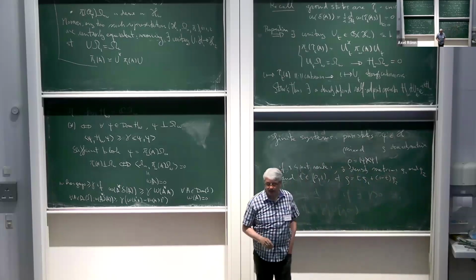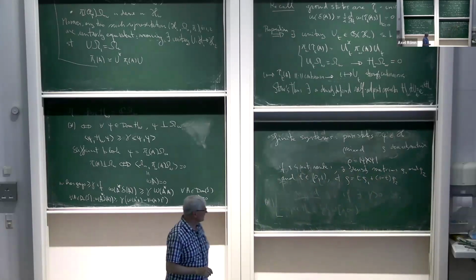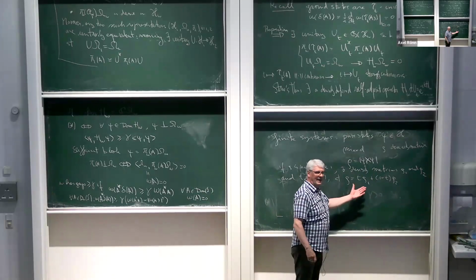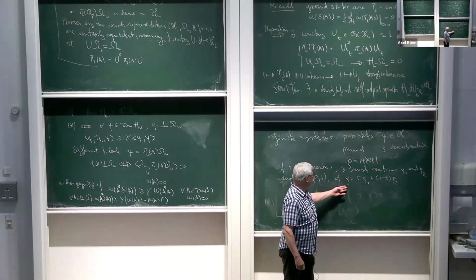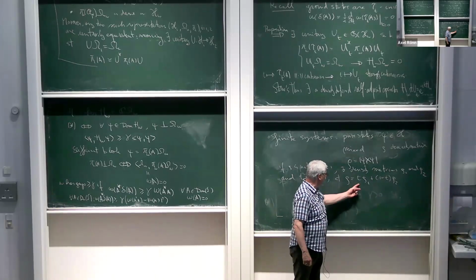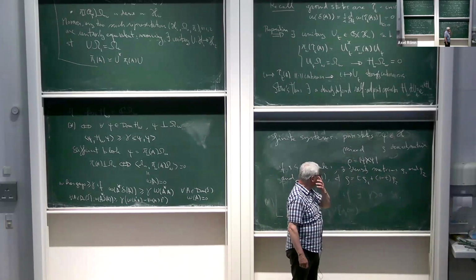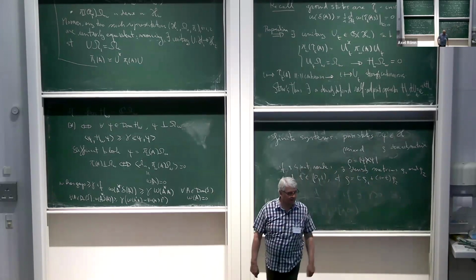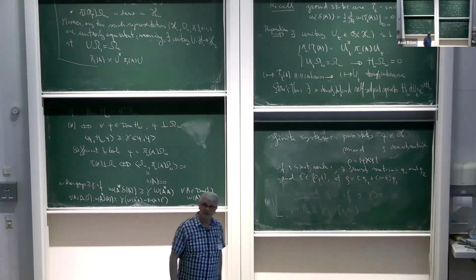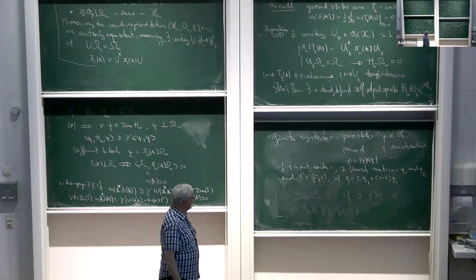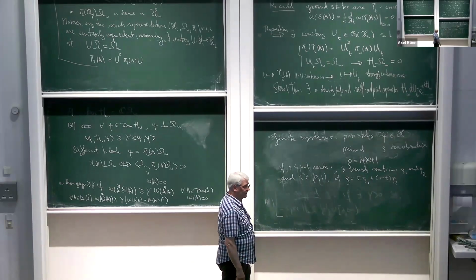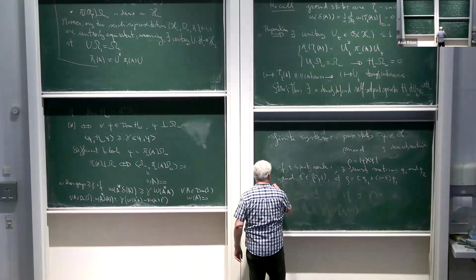Or it has a range of dimension two with orthogonal eigenvectors, and I can write the general density matrix as the first eigenvalue times the projection onto that eigenvector plus the other eigenvalue times the other projection. The sum of the eigenvalues, which are non-negative, has to be 1 because it's a density matrix, and so that's a convex combination.